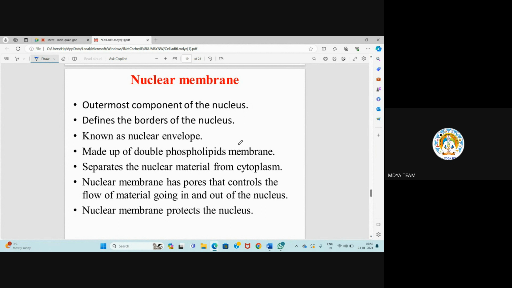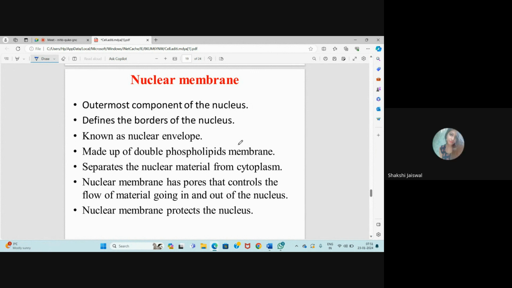What was the similar characteristic of cell membrane we have learned? No, I am saying that this nuclear membrane is having pores so that materials can go in and out of the nucleus. So what is the similar characteristic between cell membrane and nuclear membrane we have learned till now?